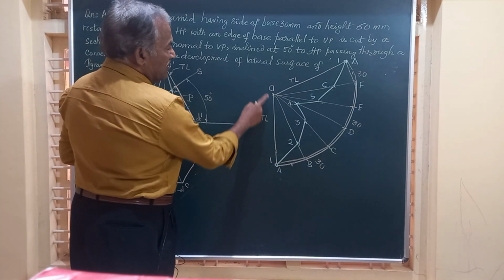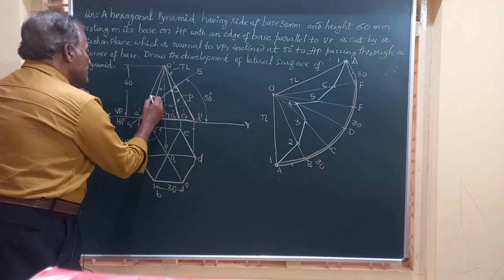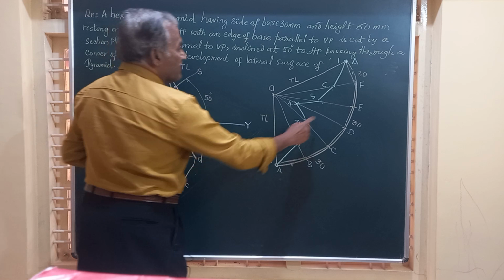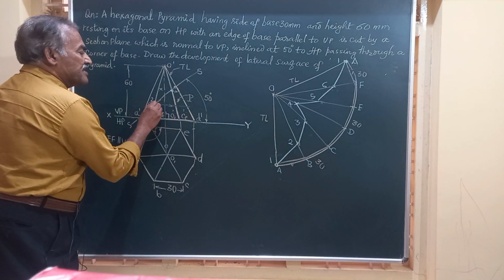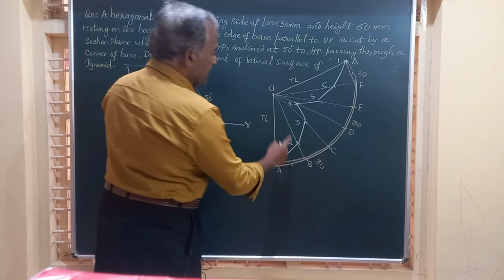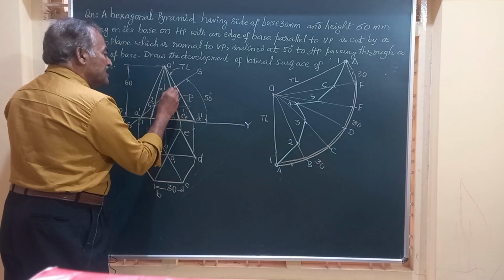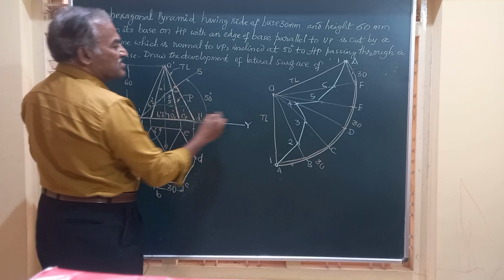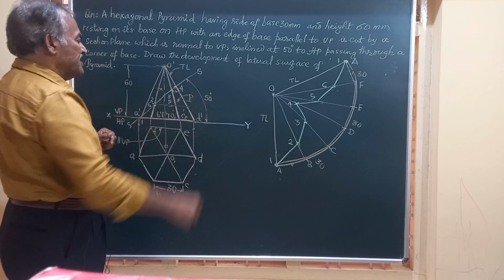You can see here, 2 on OB. OB is here, you got point 2. And also on OF, it is 6. 2 comma 6 is this point. Then here on OC and OE, this is 3 and 5. 3 comma 5 is this point. Finally on this you have got point number 4. So this is how the solid is cut.